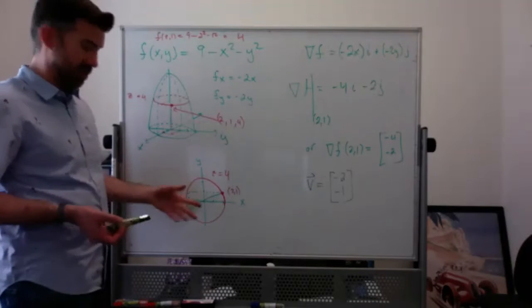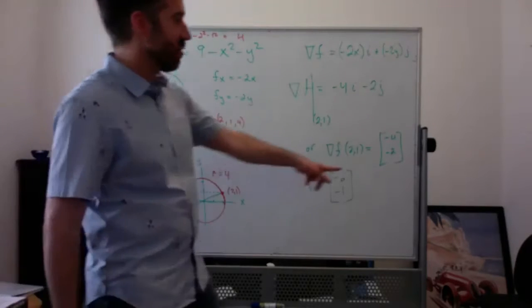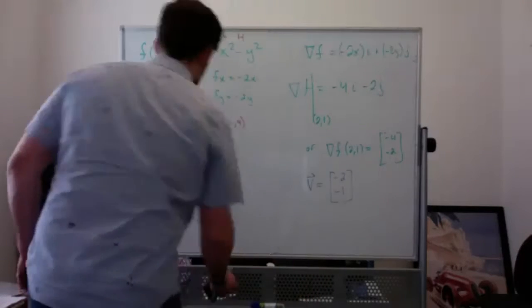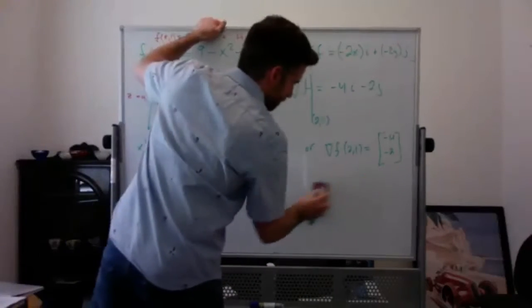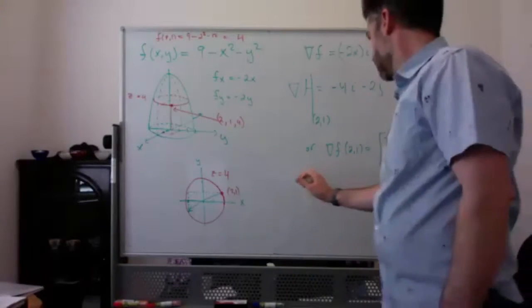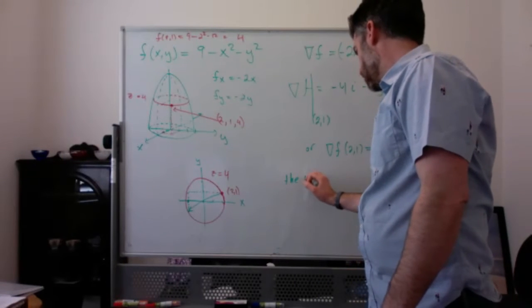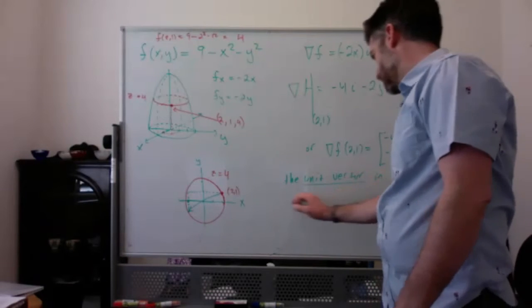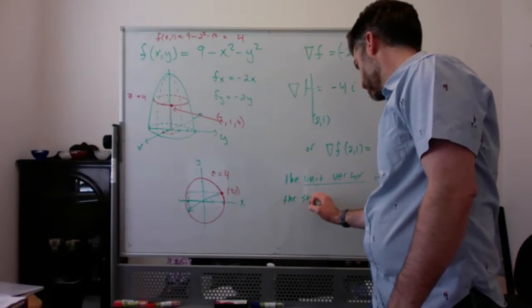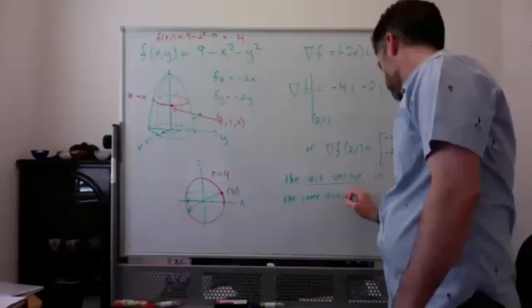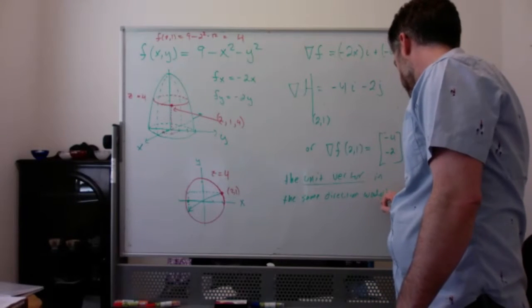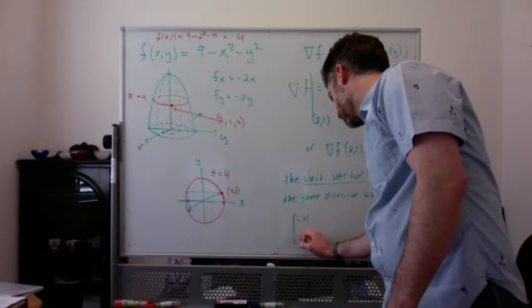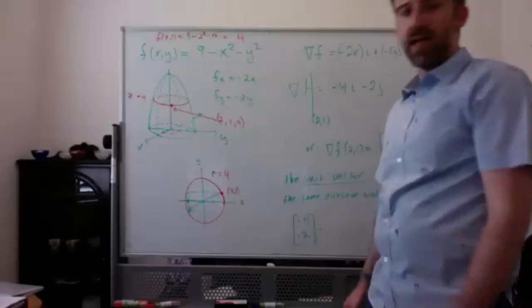To find a unit vector that's in this direction, you just take your vector and divide it by its own magnitude. The unit vector in the same direction would be this vector, (-4, -2), divided by its own magnitude.